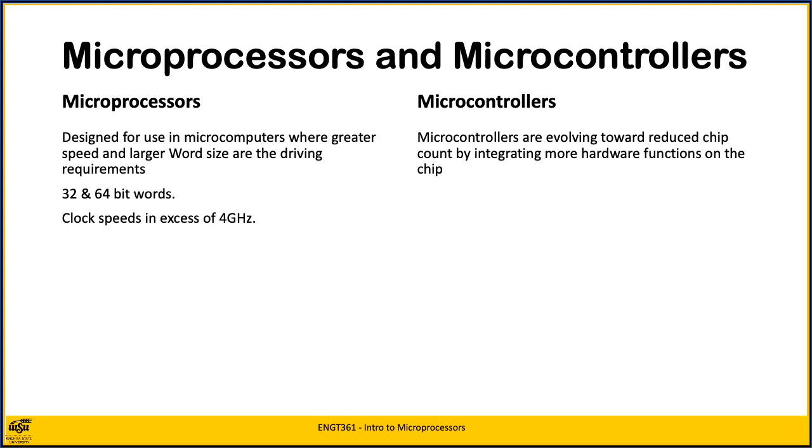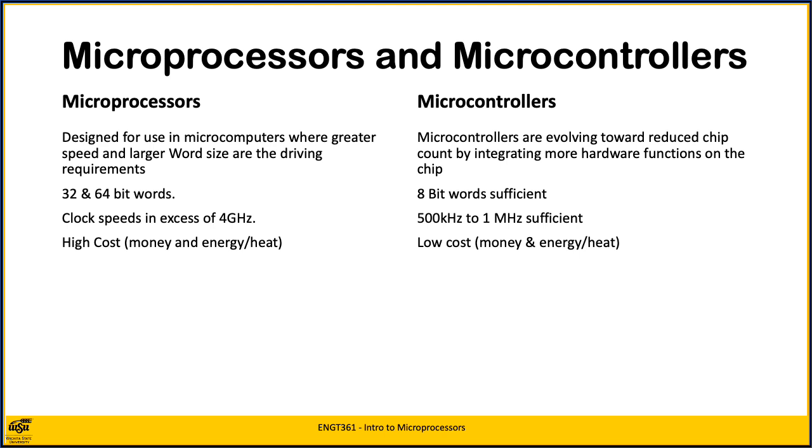Most control applications do not need the 32 or 64-bit word size and 4 GHz speed of the newer microprocessors. 8 or 16 bits and 1 MHz will work fine in many applications, and the single-chip microcontroller costs much less.